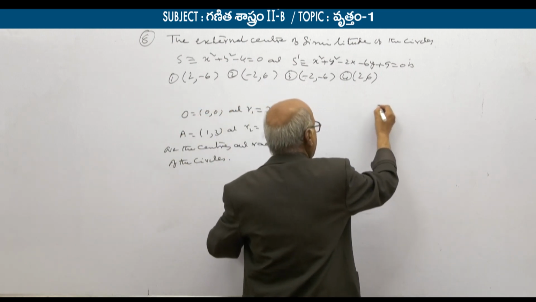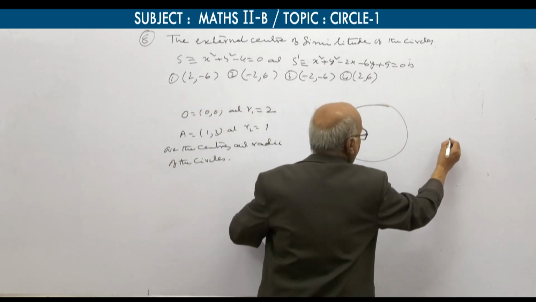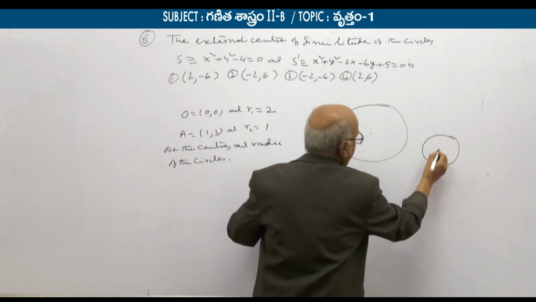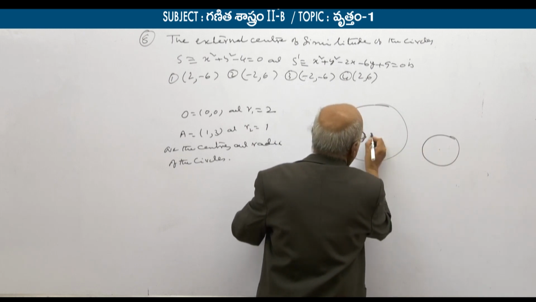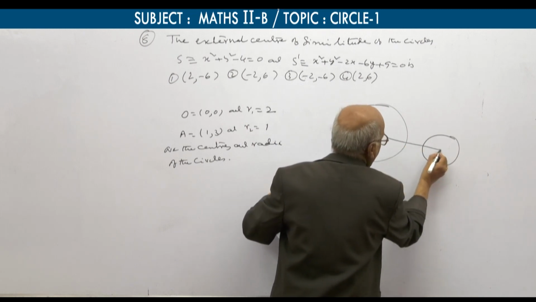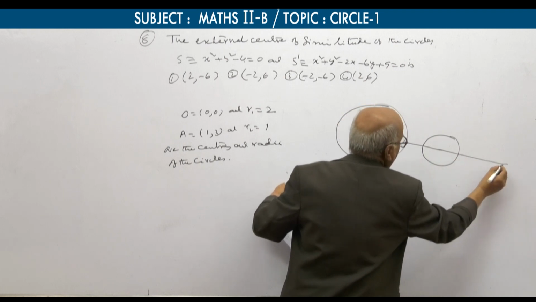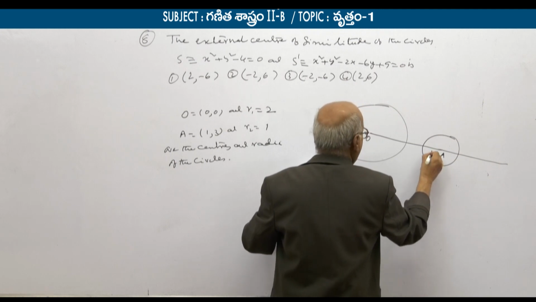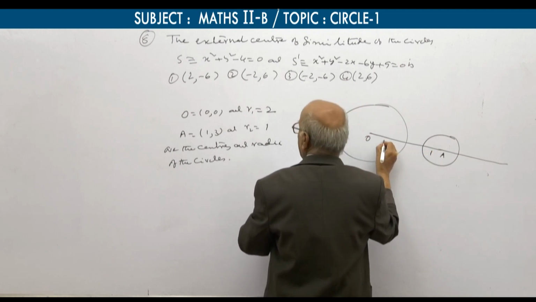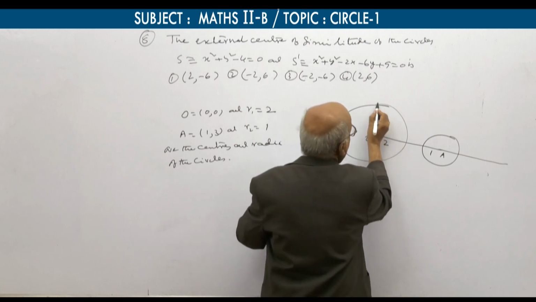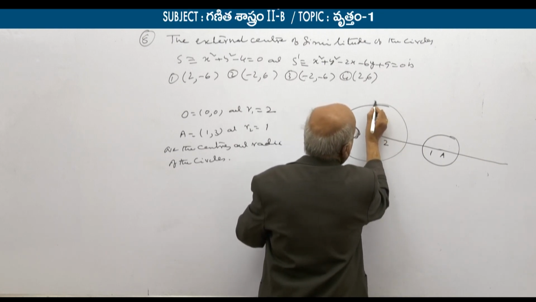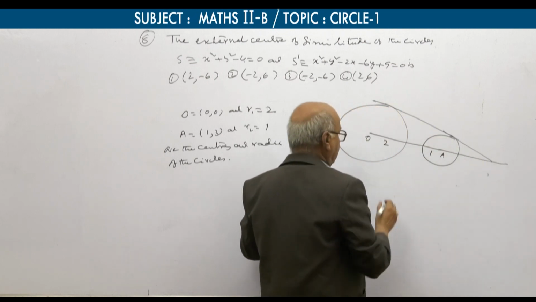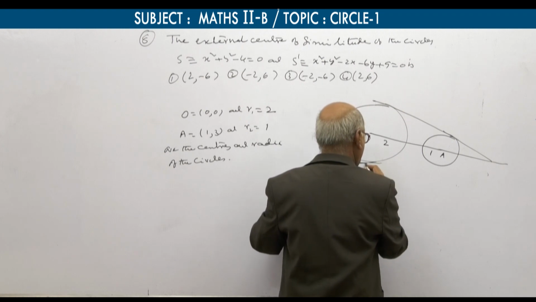Now you can have that is the line joining the centers, and OA is equal to 1, this is 2, R1 is equal to 2. So the external center of similitude means the point at which the direct common tangents meet.